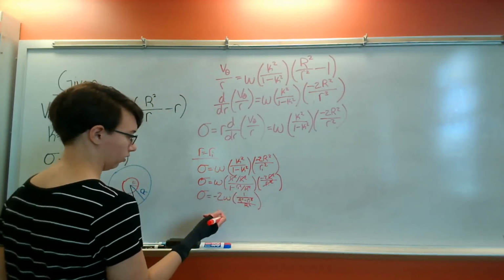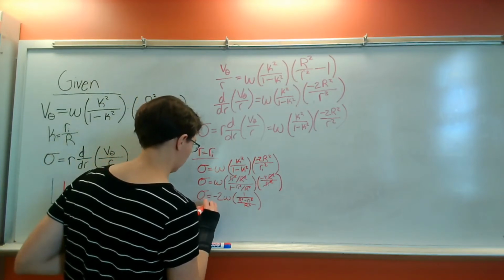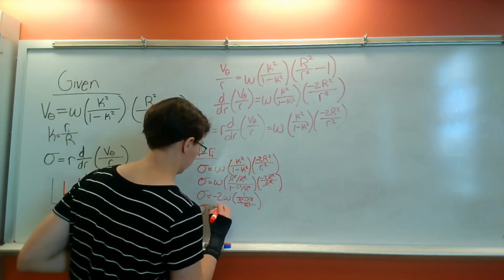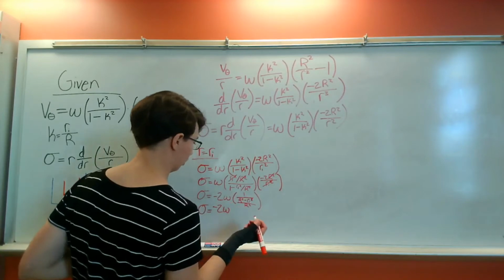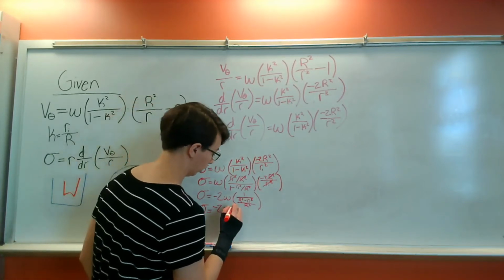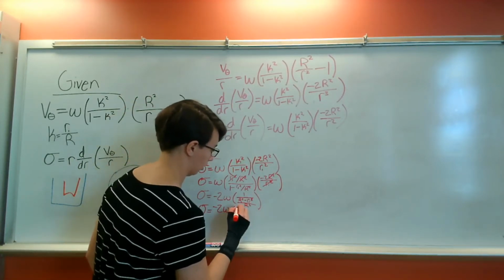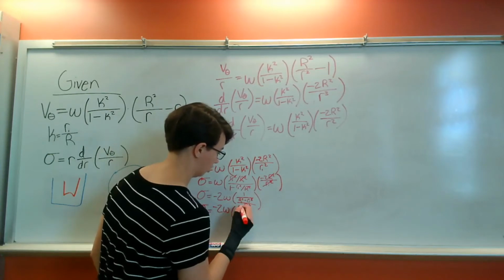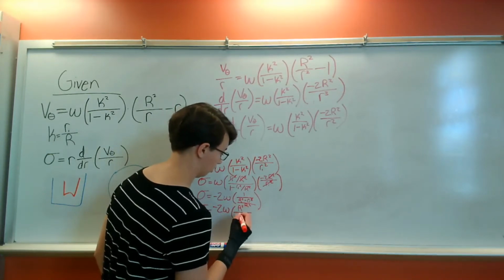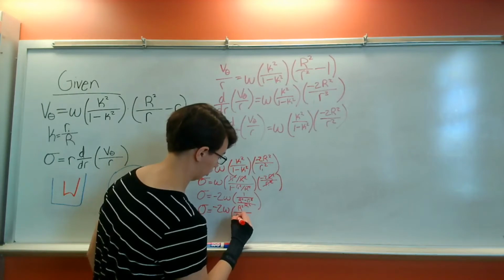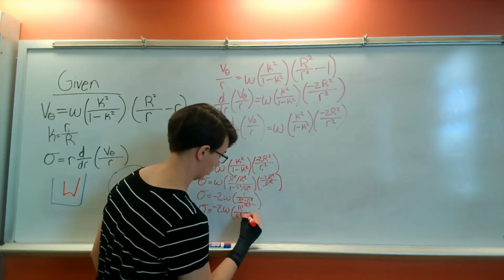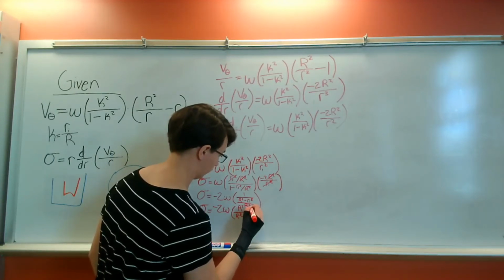And so then we can flip that and get that the shear rate is equal to negative 2 angular frequency times outer radius squared over outer radius squared minus the inner radius squared.